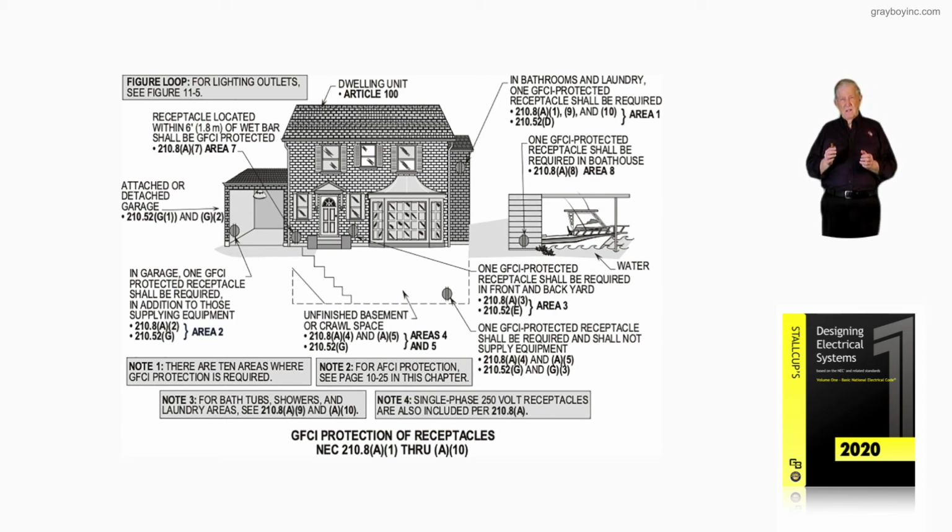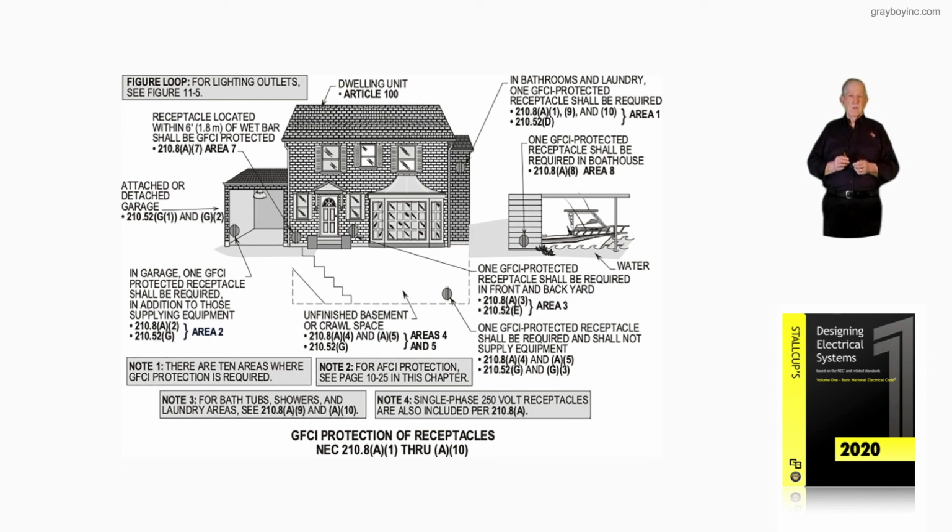Some of our new guys that haven't been keeping up like they should: all receptacles, 120 volt, 15 and 20 amp, now in the garage have to be GFCI protected. There's no exception now for, say, a deep freezer or refrigerator or anything, a washing machine, well, forget the washing machine, but say a garage door opener. All those have to be GFCI protected now out in the garage. It's considered an outlet, falls under these rules.